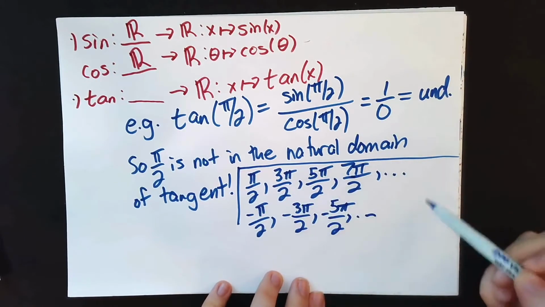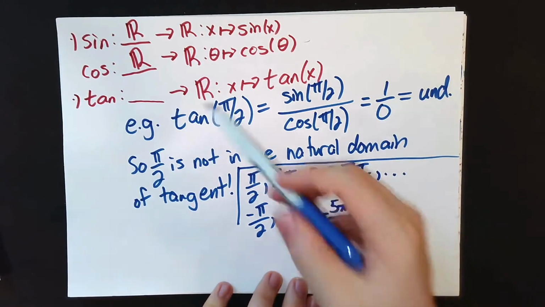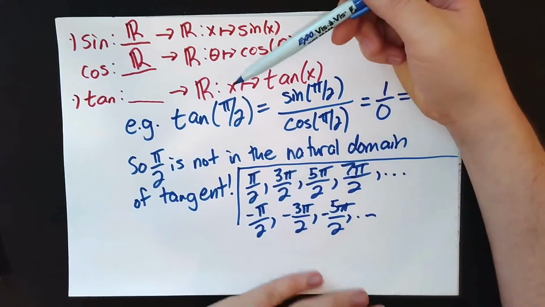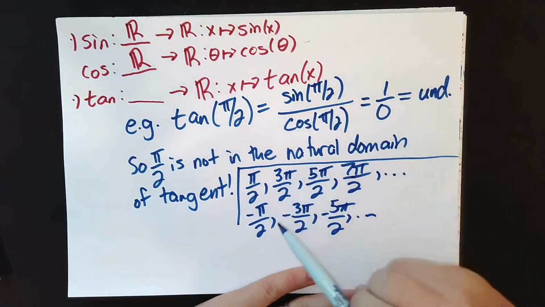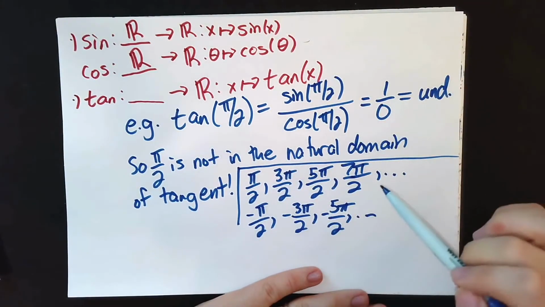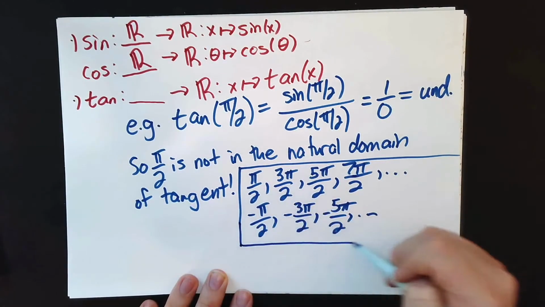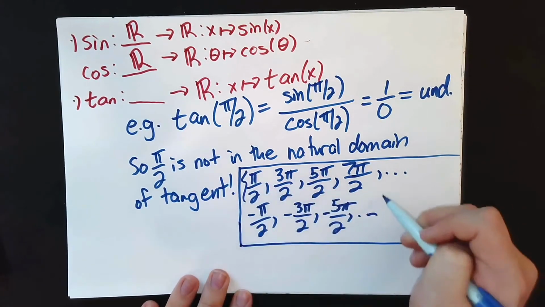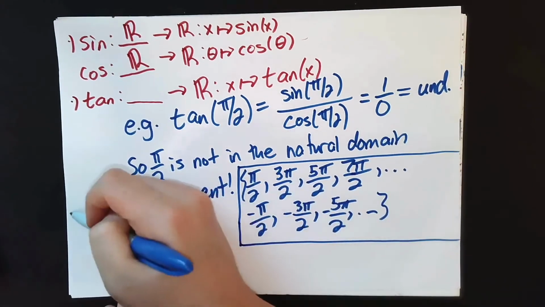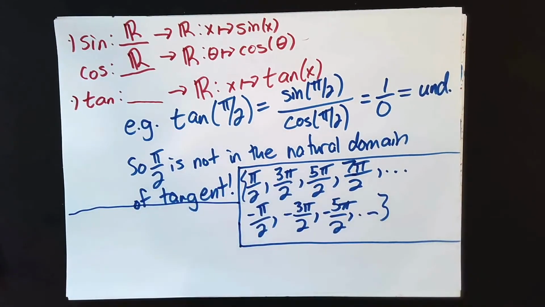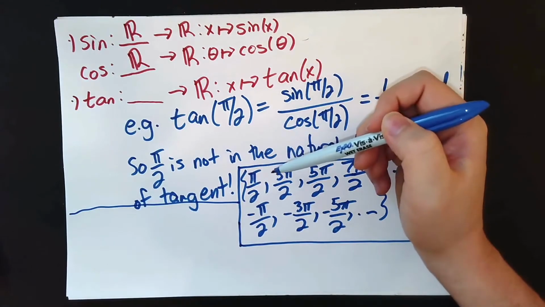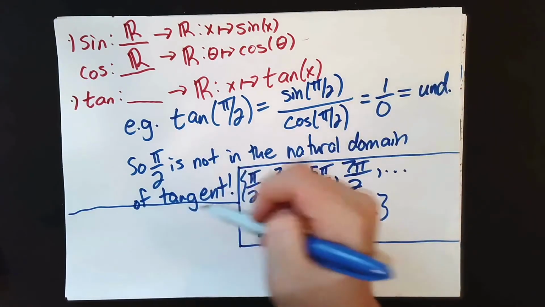These are all of the inputs where tangent is undefined. Now, really, that's to say these are all of the inputs where cosine is 0. So if I want to write down the natural domain of tangent, I have to really find a way to describe this set. And describing this set, as it turns out, is a little bit annoying.